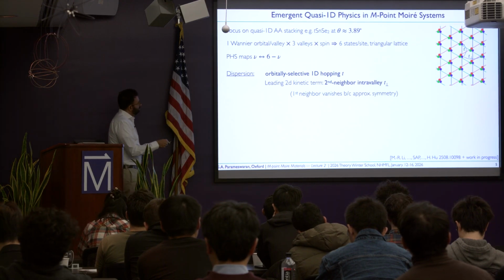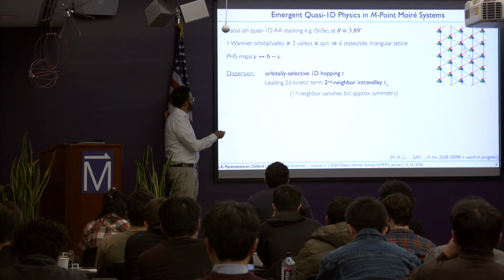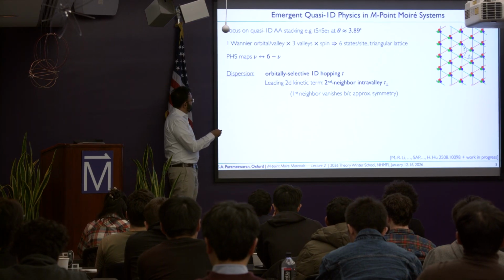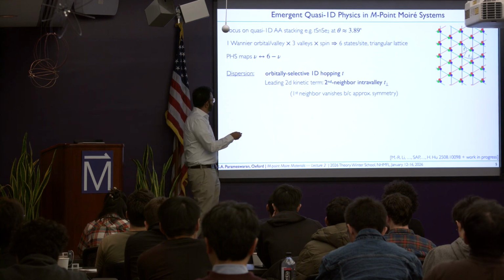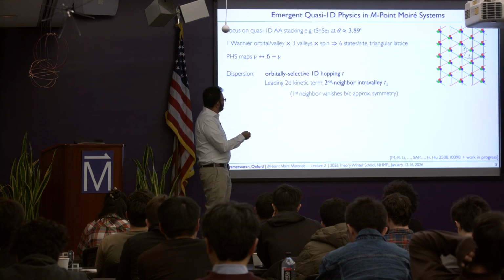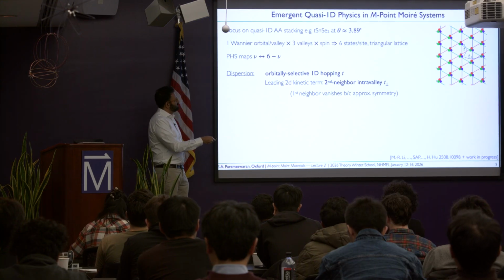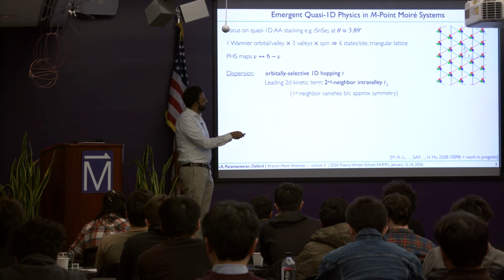Okay, and the thing that's special, and if you like, where the moiré comes in, is that one can think about this problem when I put in a kinetic energy for these sites. It's a hopping problem because it's tight binding, and that hopping is orbitally selective and quasi 1D. What that means is the following. So let's imagine I'm in the blue orbitals.